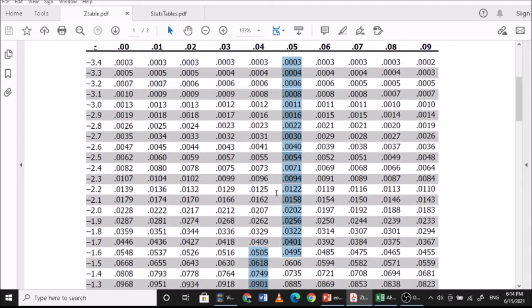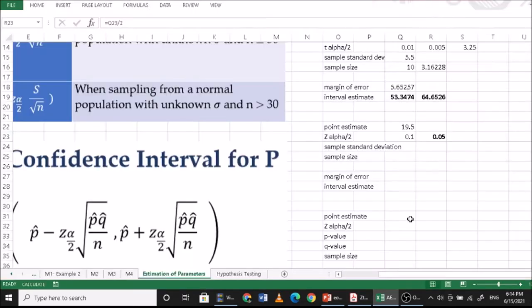So this is 1.645, and this is now your z alpha over 2.